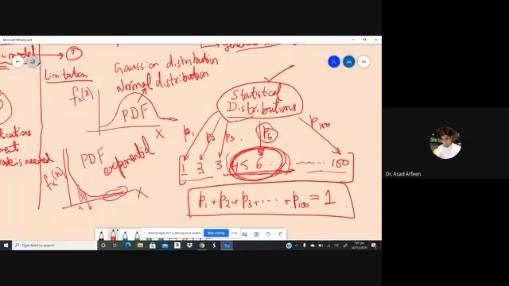So this area here is less than this area here. In this case, this is what we call a light tail distribution. There is no extreme value in this case.